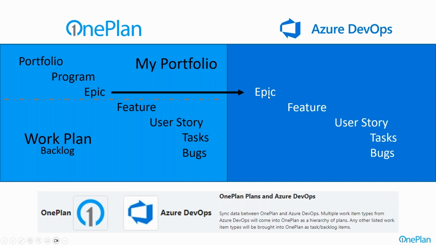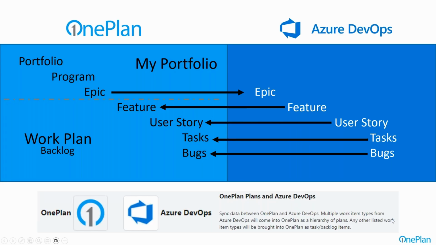At that point, the teams over in Azure DevOps may build out their backlogs over on the Azure DevOps side, where they identify, and a very common template in there is the features and user stories and tasks and bugs. And as those get identified and entered into the system, the integration will automatically bring that data and the data you map over to the portfolio management solution back over into OnePlan and have that roll up into the portfolio level information and provide comprehensive pictures of that information, both live in the system and via reporting.